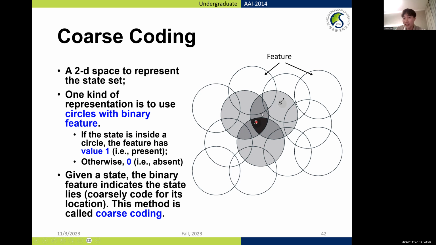If we move the state to another point, S prime, this state will be represented by only two circles, two groups. So these two circles will be set to value 1. This kind of method is called coarse coding. It uses a generalized group to represent particular states.